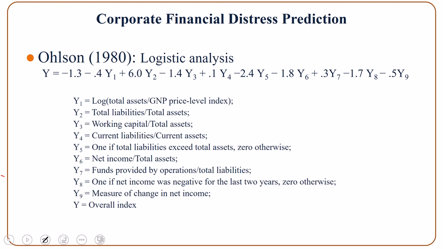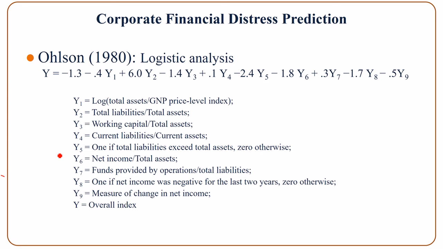There are 9 predictors in the model, Y1, Y2, up to Y9. Y1 is the log of total assets divided by the GNP price level index. The second predictor is total liabilities divided by total assets.